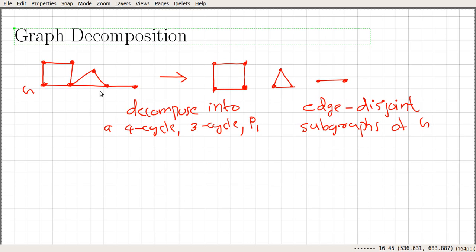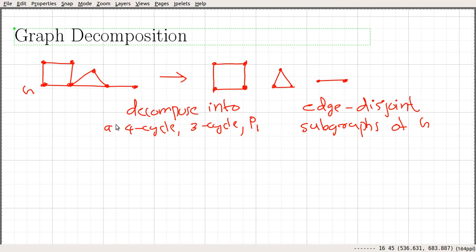So we could decompose a graph into many subgraphs, and the most important thing is that all the subgraphs must be edge disjoint subgraphs of G. Also, if you take the union of the edge sets of all these subgraphs, then we must get the edge set of the original graph.